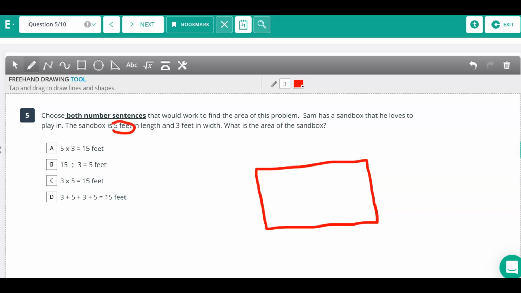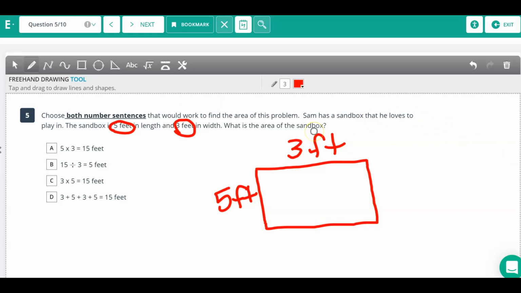The sandbox is 5 feet in length and 3 feet in width. What is the area of the sandbox?